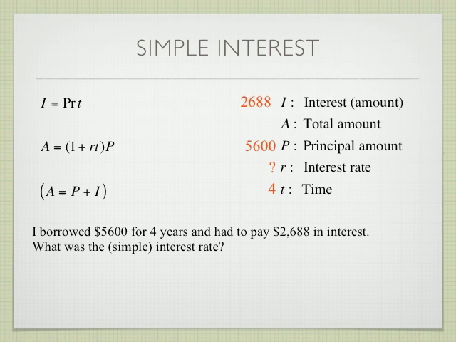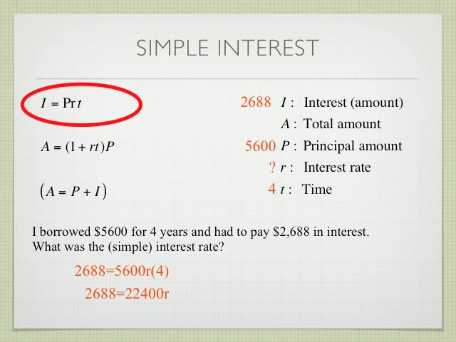So if I look, I have information about I, so I want to use the I formula. I equals PRT, so 2688 equals 5600 times R times 4. Multiplying, so I can simplify, I get 2688 equals 22,400 times R. Divide, so I get R equals 0.12.